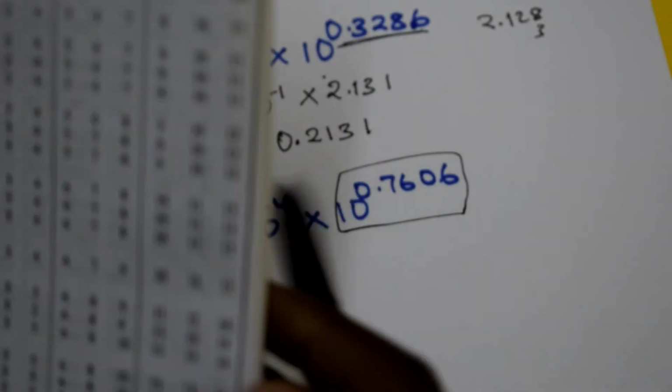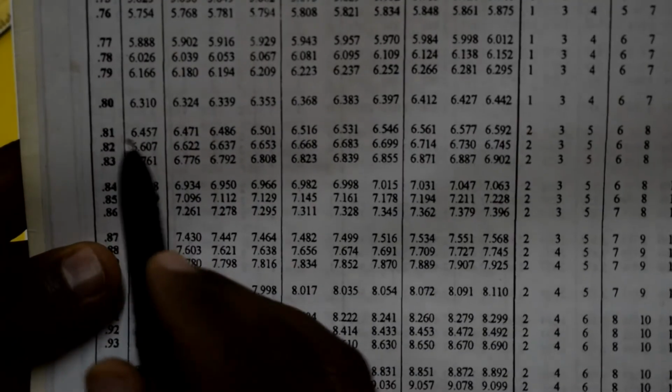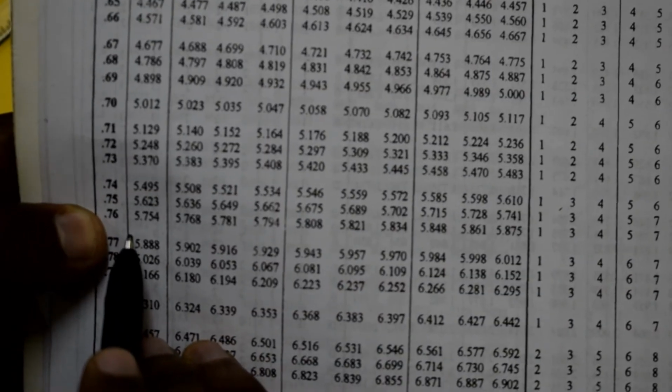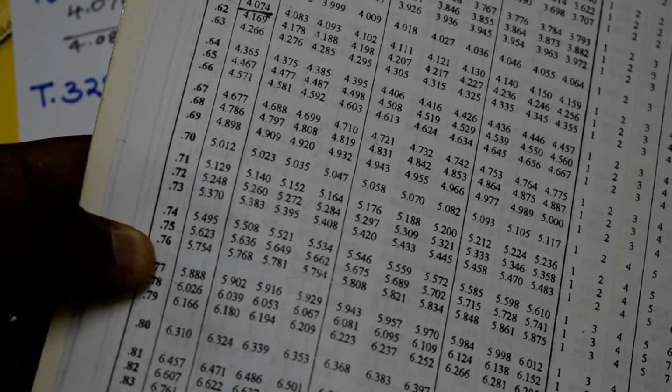So we have 7.660 will give us 5.754. 760, then we go to 6.